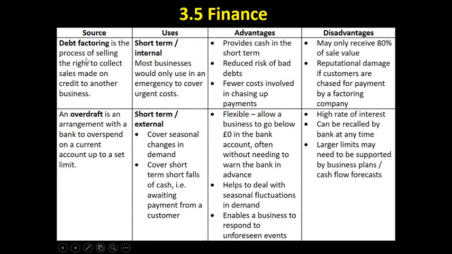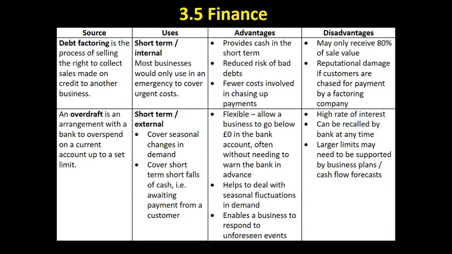So that's one short-term source of finance you need to be aware of. The other short-term source of finance that's listed on the specification that you need to be aware of is an overdraft, which is an agreement with a bank that you will be allowed to overspend on a current account up to a set limit.